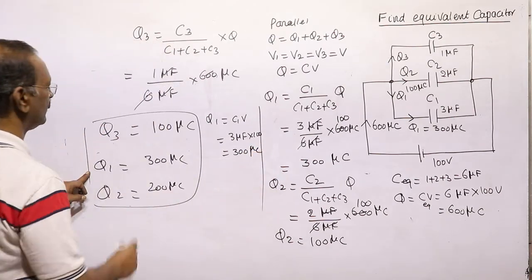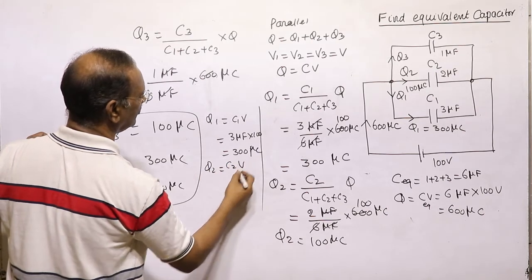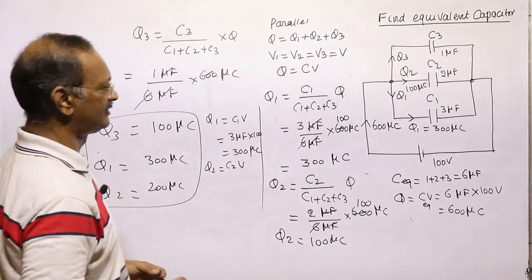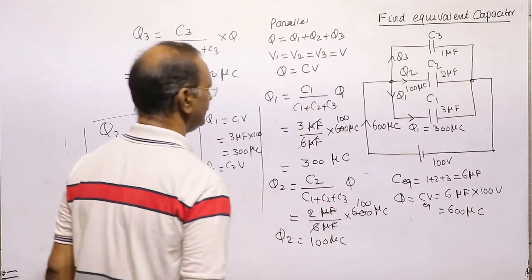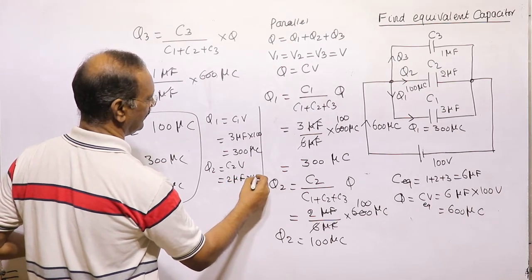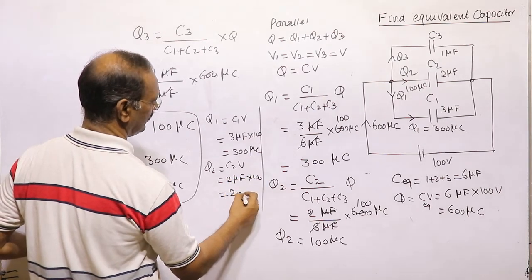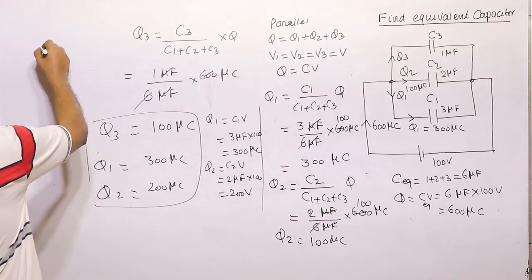The same thing we calculated. And Q2 is equal to C2 into V, because the applied voltage is constant across all the branches. C2 is 2 microfarad into 100, equal to 200 microcoulomb.